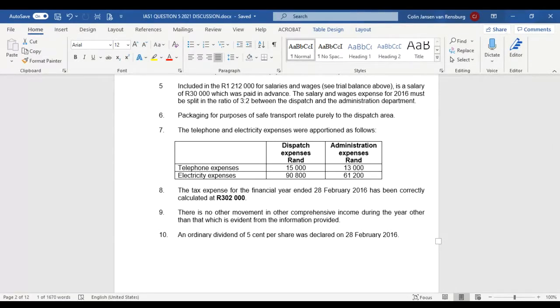So which other comprehensive income is evident from the information provided? If you type for me, you can even use abbreviations there. What is the one that is evident from the other information? Tricky one, this. You must have followed all last week's and the week before's classes very thoroughly. Who wants to venture a guess?